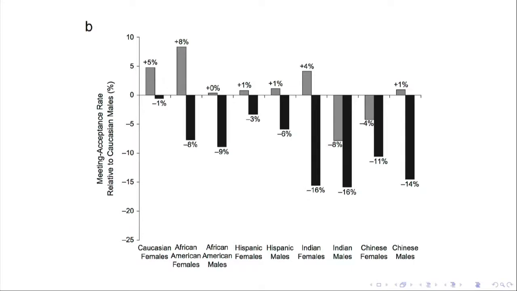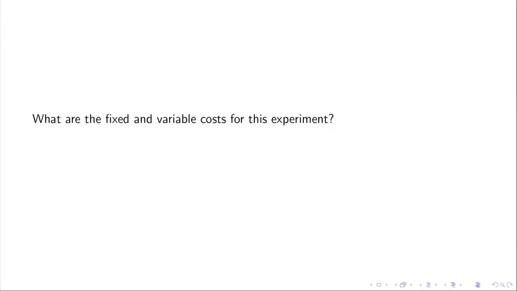Because this is a zero variable cost experiment for the researcher, they're able to send out many variations of this, which is great. You can imagine all the different conditions that you might want to do. And so they have a variety of different kinds of names and ethnicities. So let's think about what the fixed and variable costs are in this experiment. To the researcher, it is free to send out more emails.